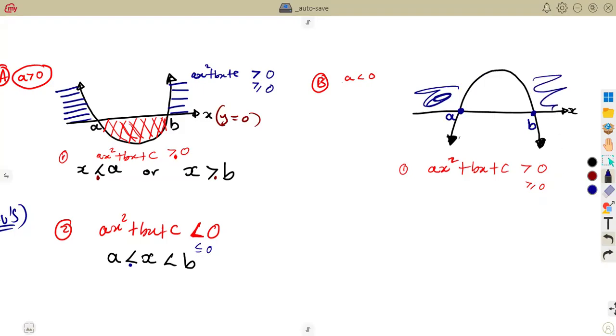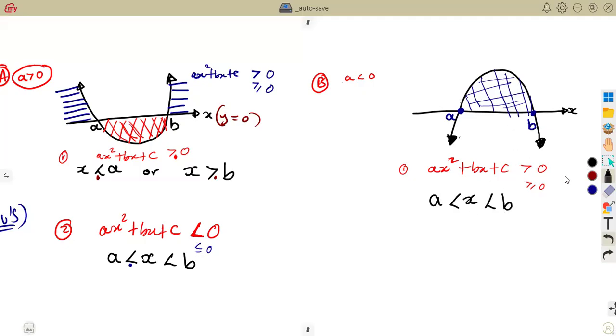No. On top of the x-axis, you take the covered part, just like what we saw here. We have a curve, and the solutions are above the x-axis. So in this case, our solution is x greater than A, but less than B.